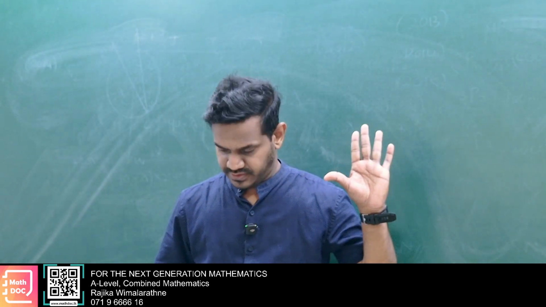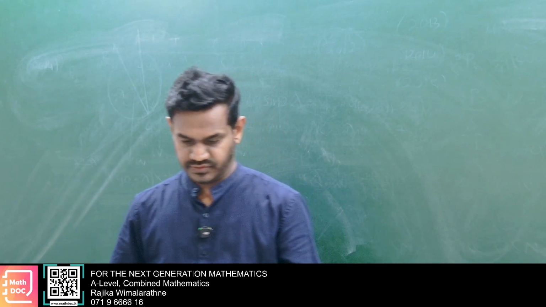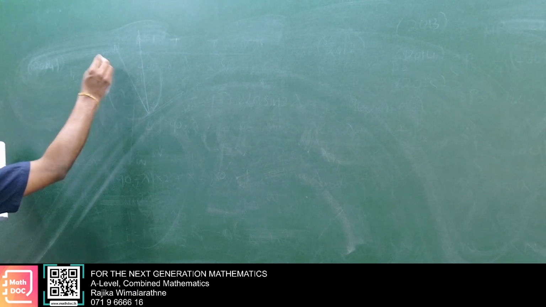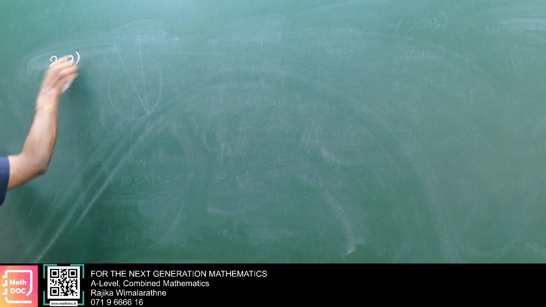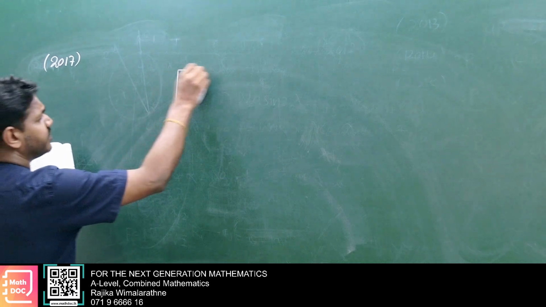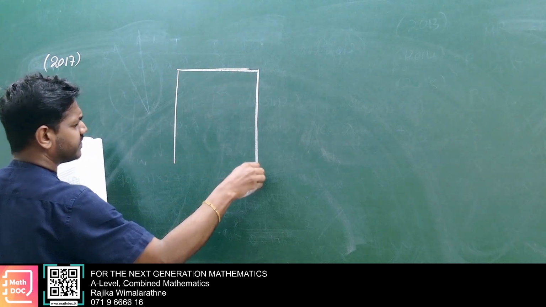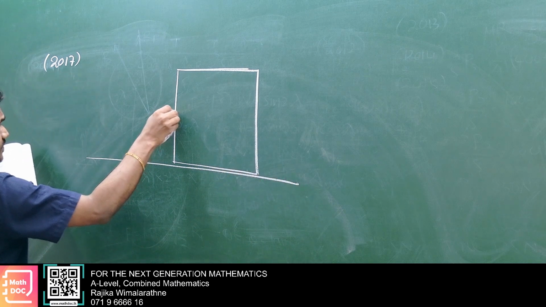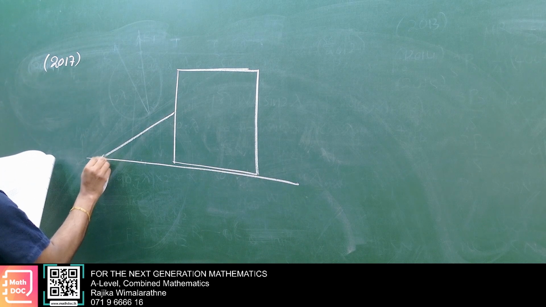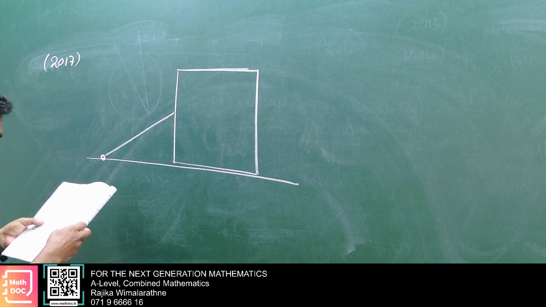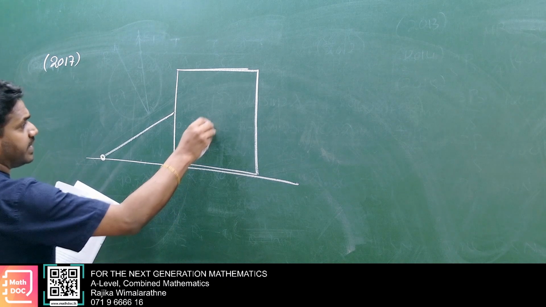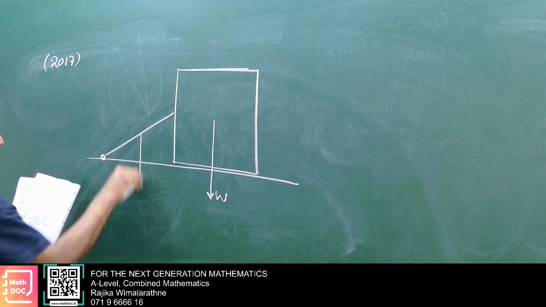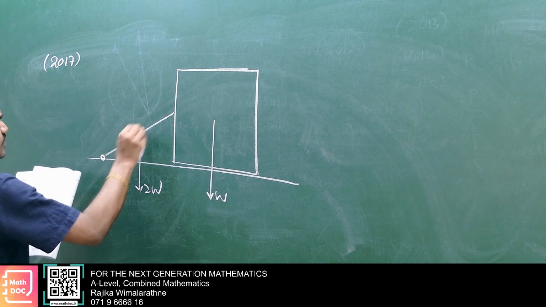Okay, then 2017, A-level question. Here part B, structured 1. Here there's a hinge, a uniform cubic block of weight W and a rod of weight 2W, length 2A.